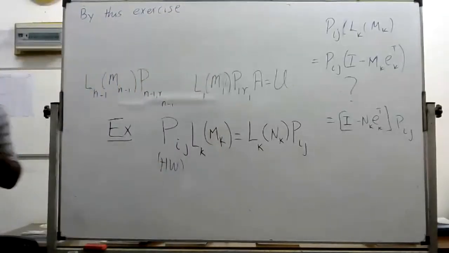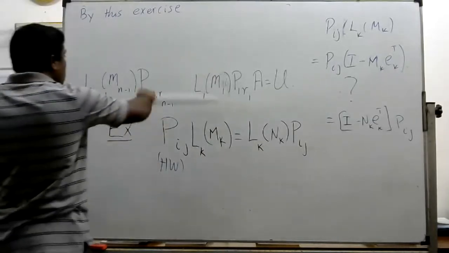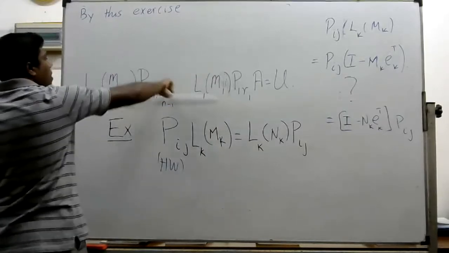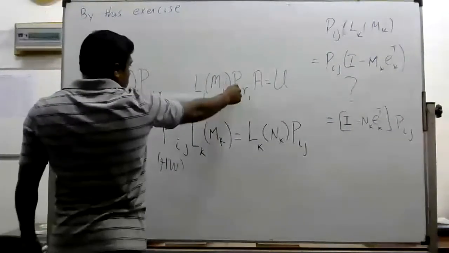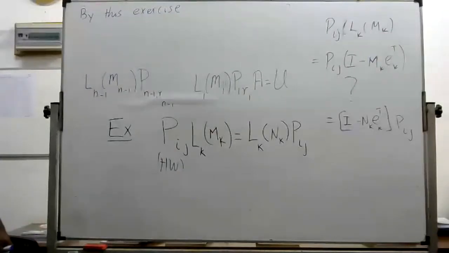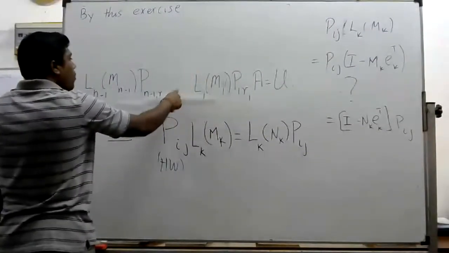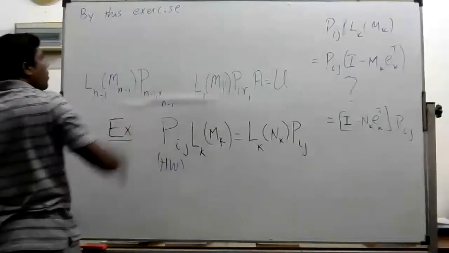By this exercise you can see that you take this elementary permutation matrix and move it behind, behind, behind. In other words, you take this elementary lower triangular matrix and move it in front, in front, in front.